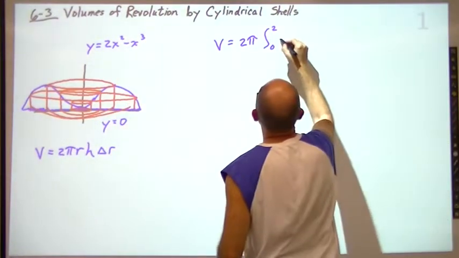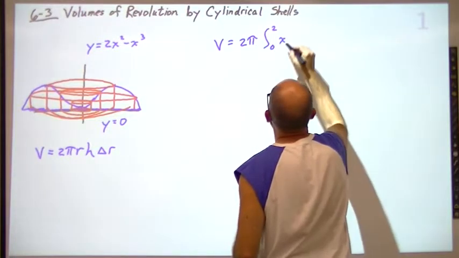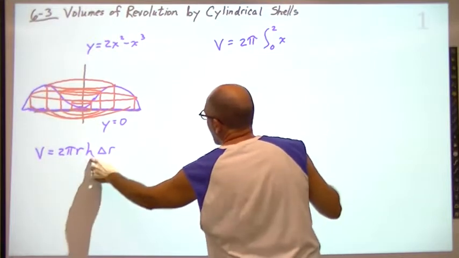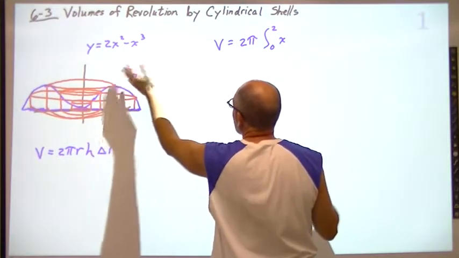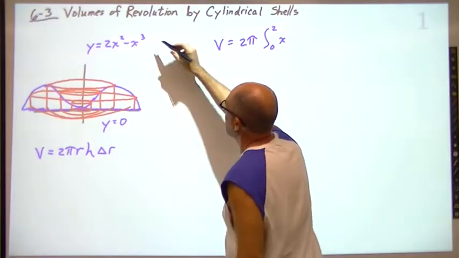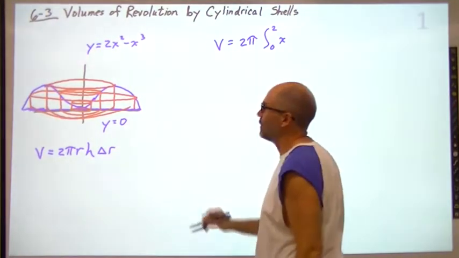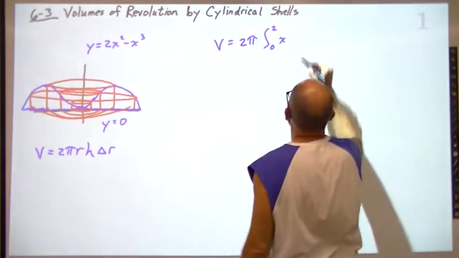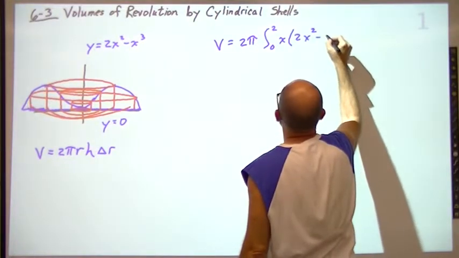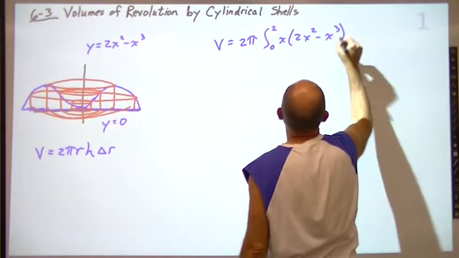So it becomes 2 pi r. Now we need the height, 2 pi r h. What's the height? Well, now the height is the function value. It's going to be 2x squared minus x cubed minus 0, top minus bottom. So 2x squared minus x cubed.